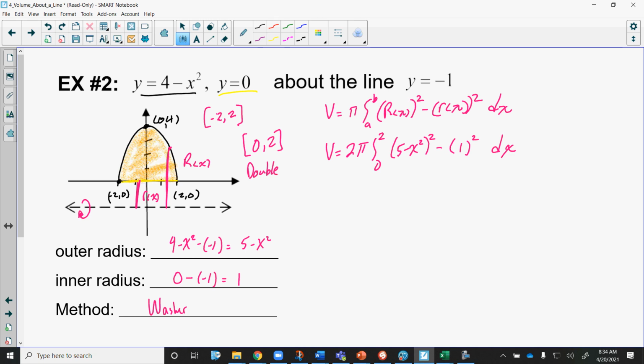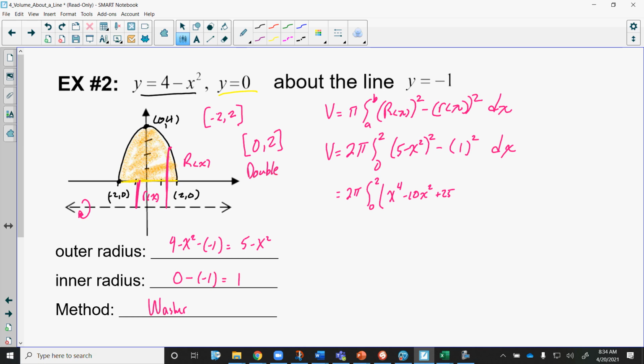And let's go ahead and see what we get. Simplify the integrand. When I expand the binomial, I'm going to get a positive x to the 4th, and I'm going to write it in standard form here: x to the 4th minus 10x squared plus 25.